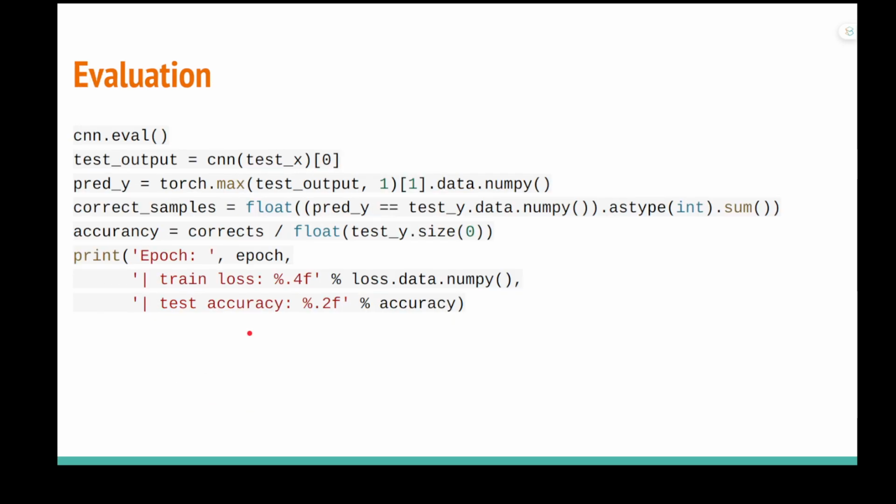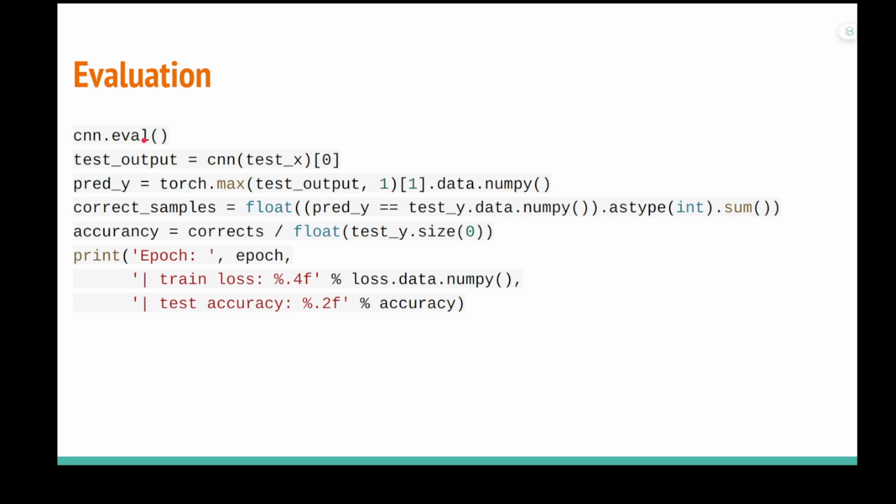So after each epoch, typically we will do some evaluation to check the performance after this epoch. For the evaluation, you need to call eval before you do the evaluation.